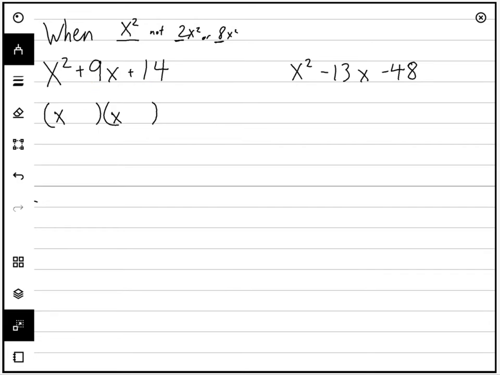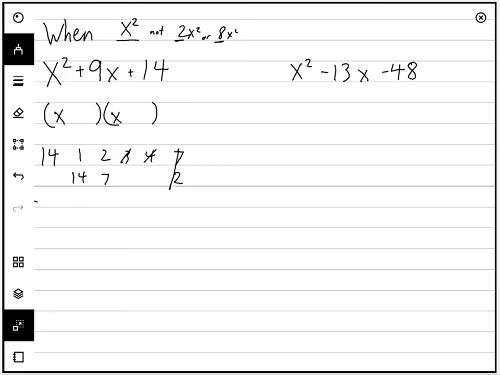So what I like to start doing is figuring out the different factors for 14. I'll just go 1, 2, 3, 4, probably not 5, and 7. Okay, so 14 divided by 1 is 14, divided by 2 is 7, divided by 3 is not possible, same thing for 4, and 7 is 2.